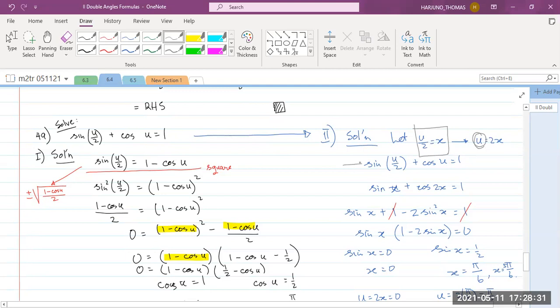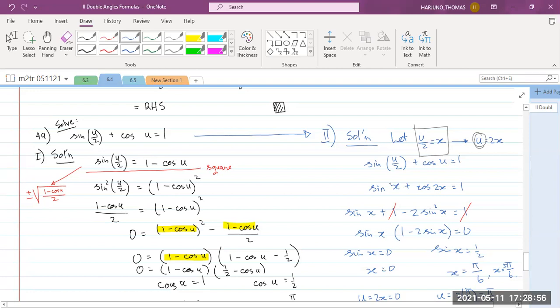That's how you change a half angle question into a double angle question. Now with a double angle question, you don't need to square at any step in between, at least that's what we see, right? And therefore, we don't need to check any answer at the end. That's the nice thing about the second method.